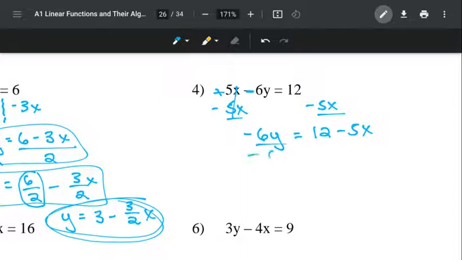Now we divide by -6. So we divide everything by -6, which means we have 12 over -6. And then we have a minus and a negative. So I can do minus negative, which we know makes a positive 5 over 6.